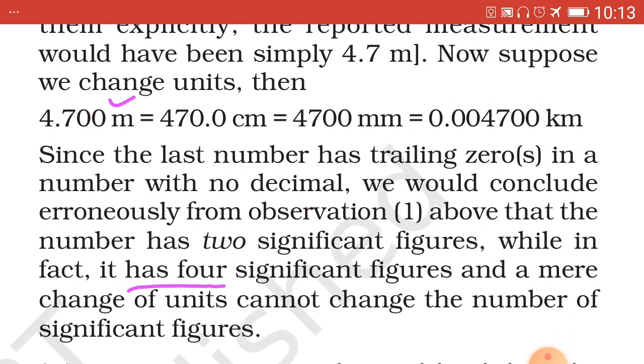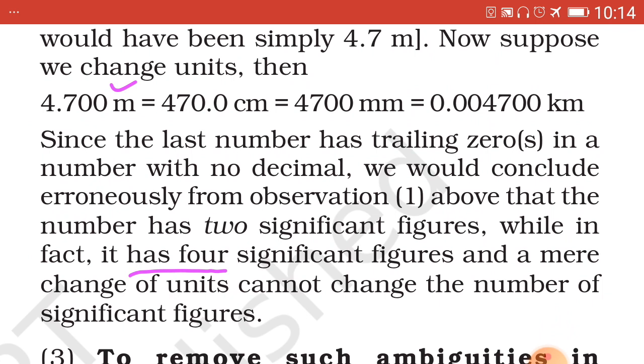Now in this case, the trailing zeros are in a number with a decimal. Here the 2 zeros will be significant, so it has 4 significant figures. And in all the cases, 470.0, after this 0.0 the units are changed, so 47 and 2 zeros, again significant, 4 significant figures.